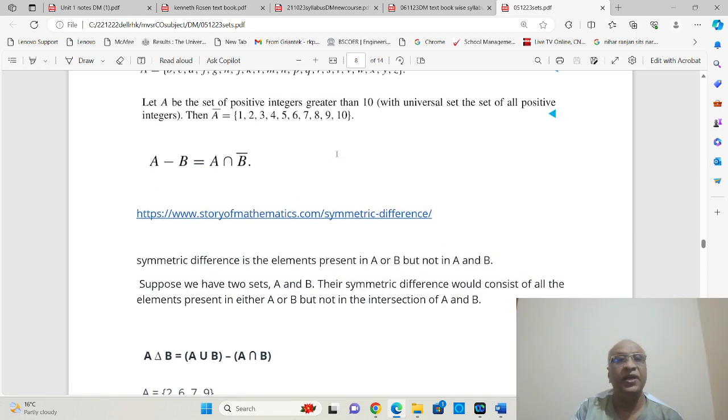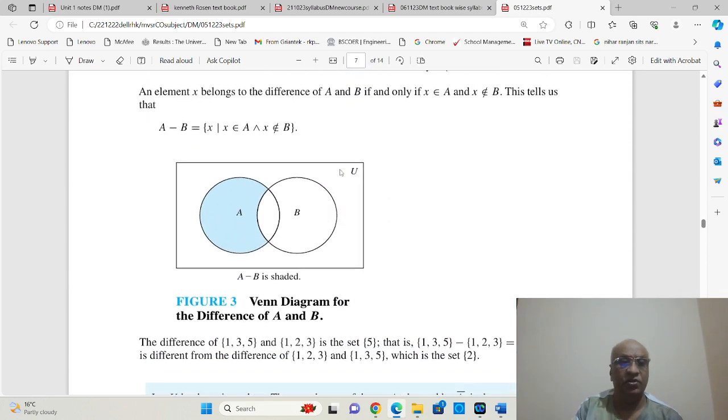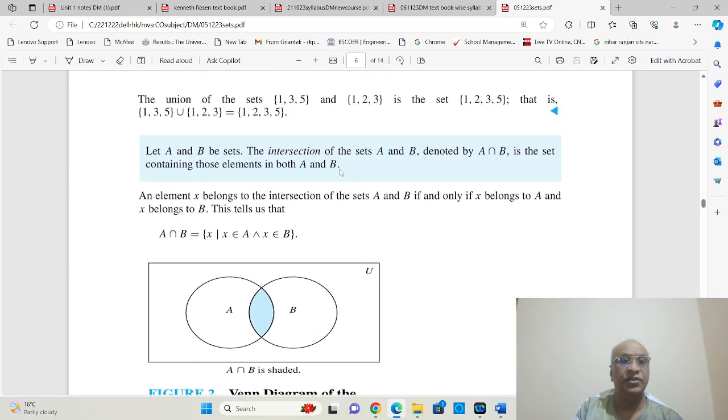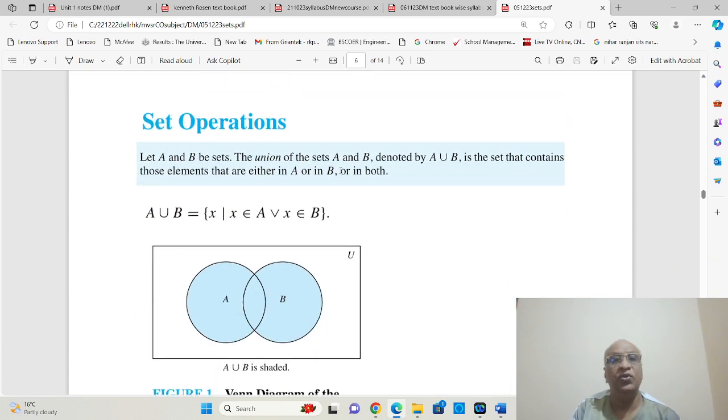So if you remember, we had seen various set operations, starting with A union B, which indicated that elements are either in A or in B or in both.